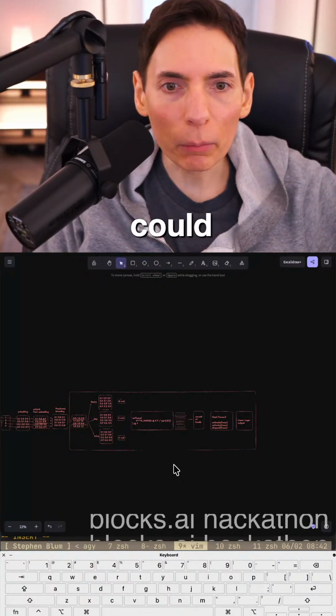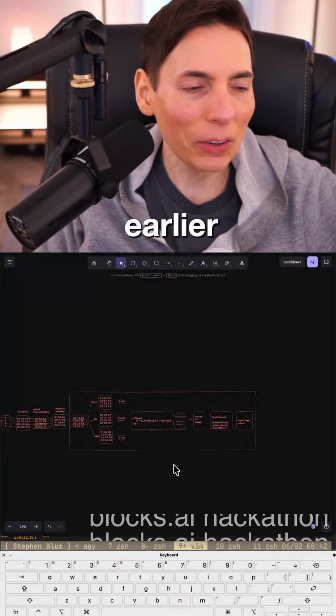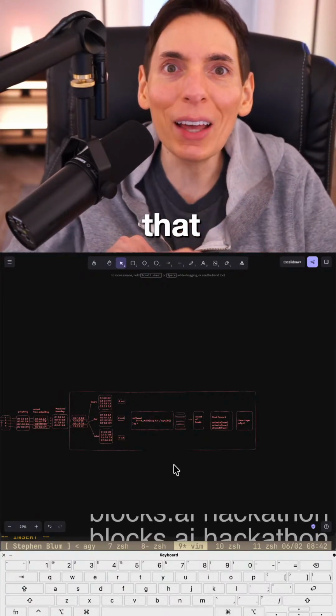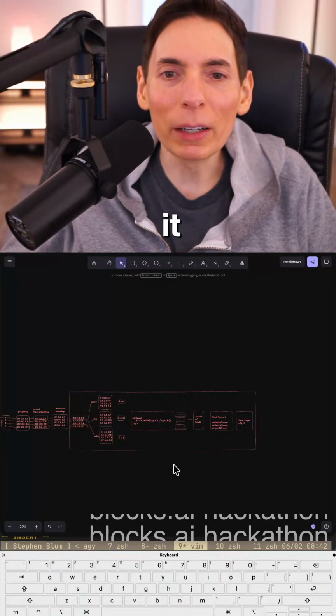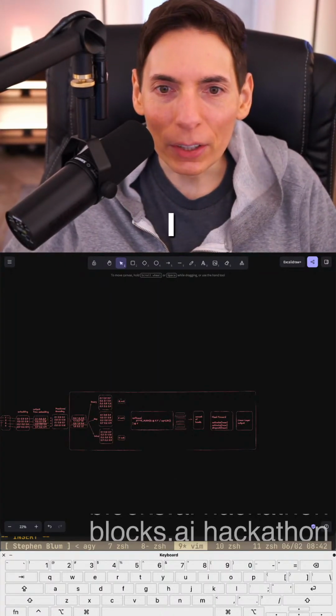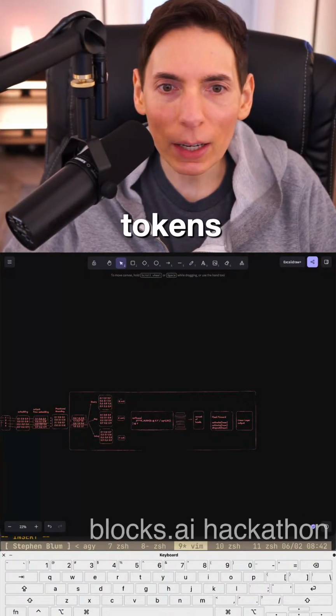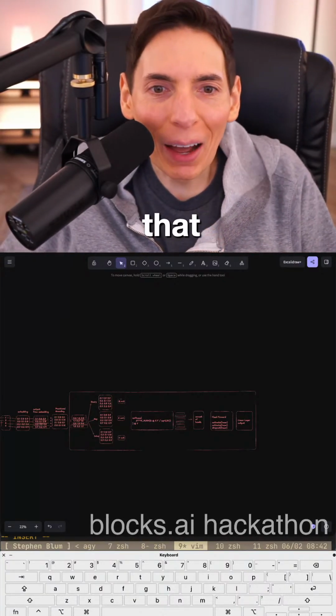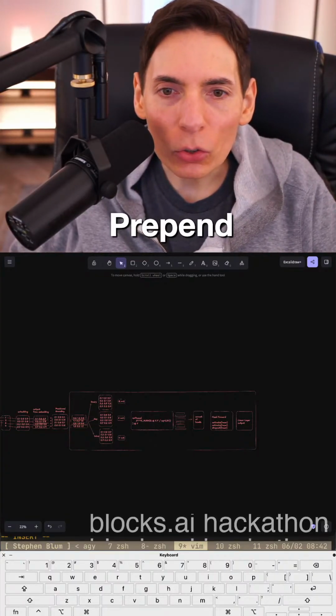Sliding attention windows could help, but it would forget earlier inputs. Ah, that's right. You could do that too. That's a good way to do it. I like your thinking, Derek. So I tend to use register tokens, aka attention sinks. What is that? I'm curious. Prepend to the sliding windows.